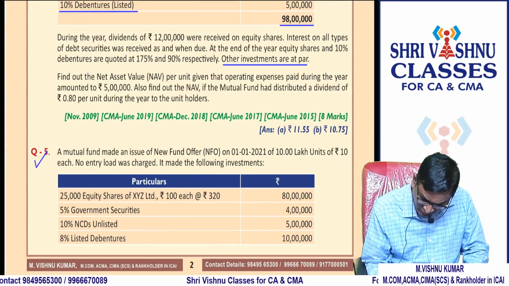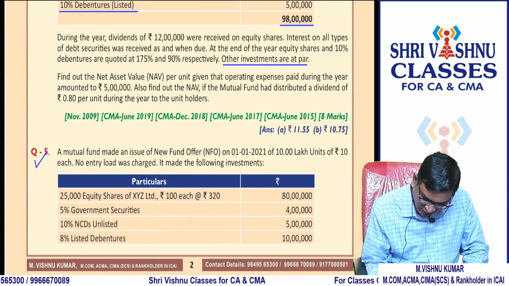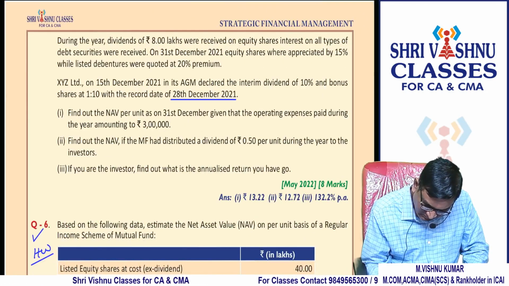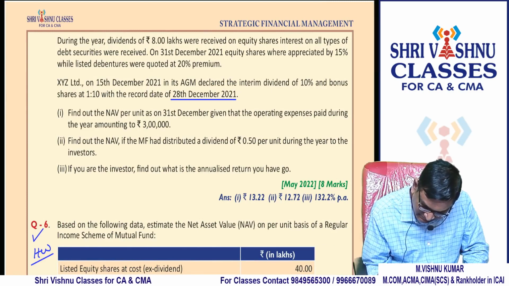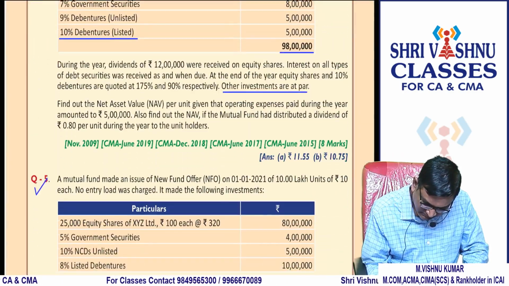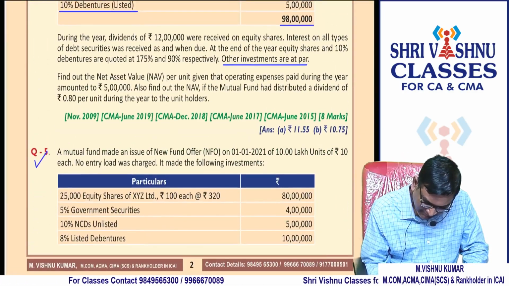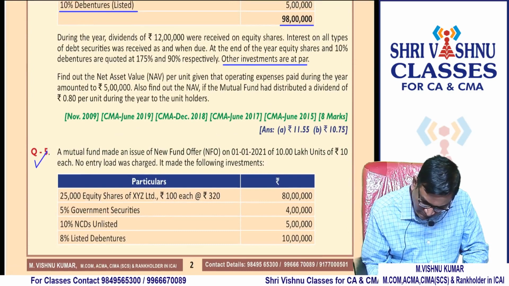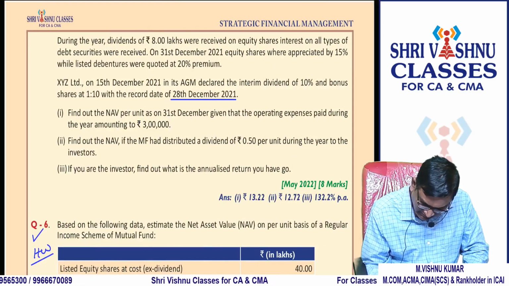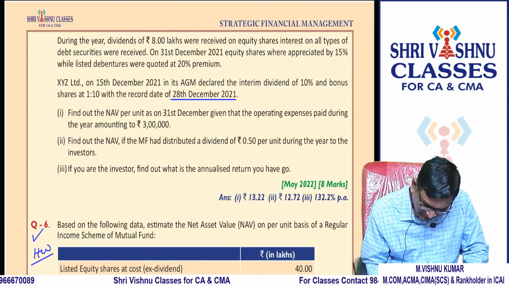1st January 2021, the new fund offer was made, and we are calculating on which date? 31st December 21. Exact duration is not given, only that as an investor you have to find out the annualized return.